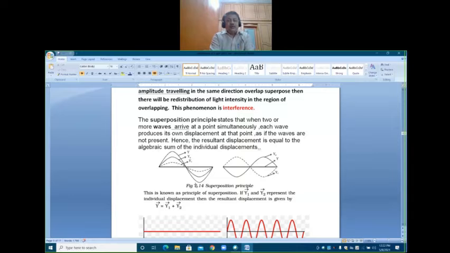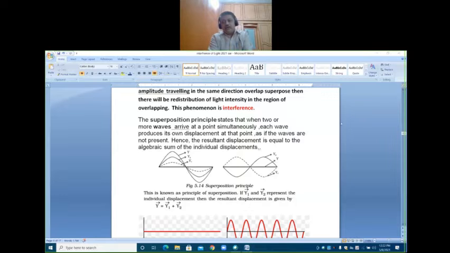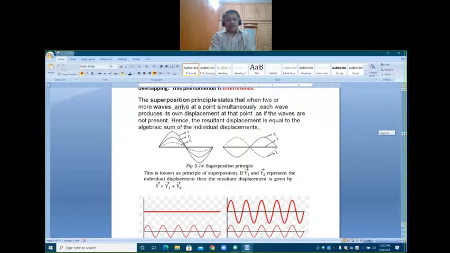It is an addition of amplitudes, an addition of displacements, and that is constructive interference. In the other diagram we see a crest and a trough, this is plus a, this is minus a, there is a vector sum, so the amplitude gets cancelled and it is minimum intensity, it is destructive interference.